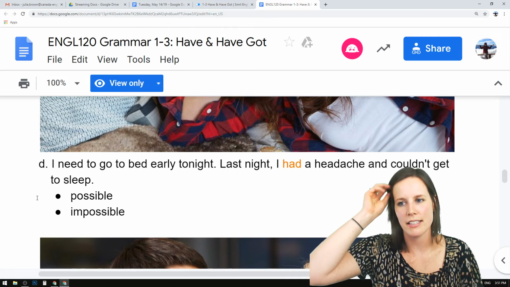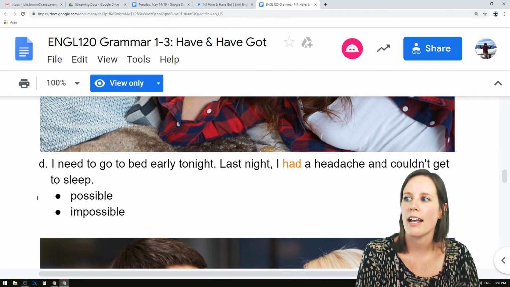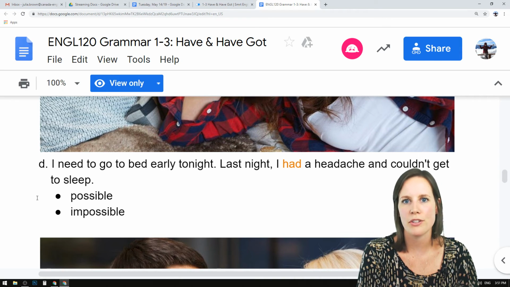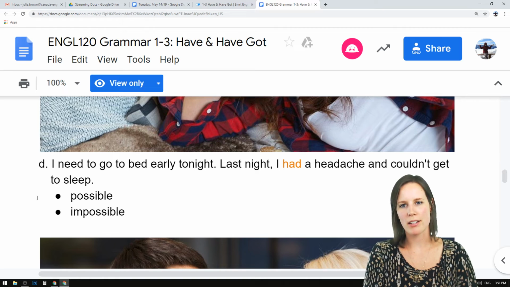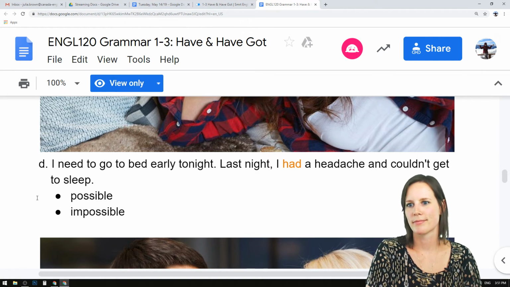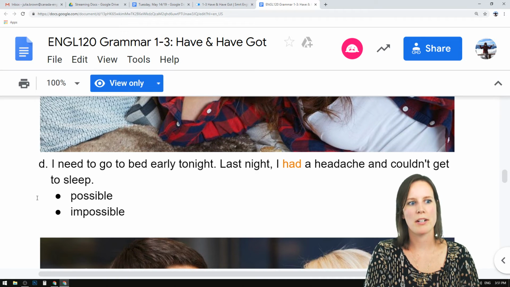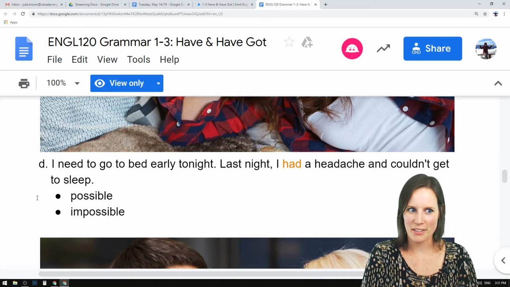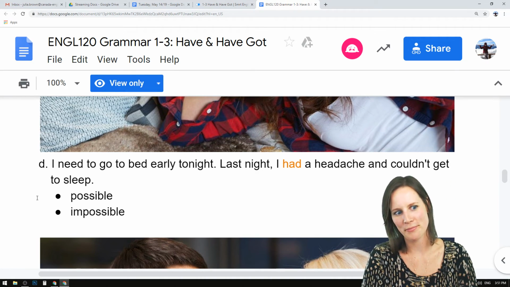Let's look at D. I need to go to bed early tonight. Last night I had a headache and couldn't get to sleep. Possible or impossible? Impossible. Lolly, you have 2 answers. Impossible future tense, and then you said possible.